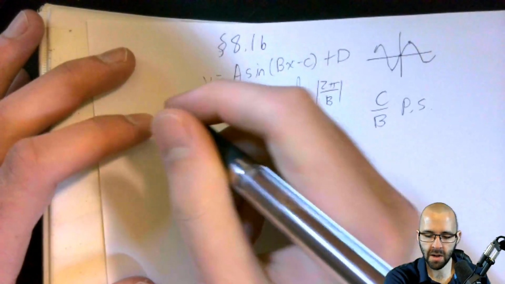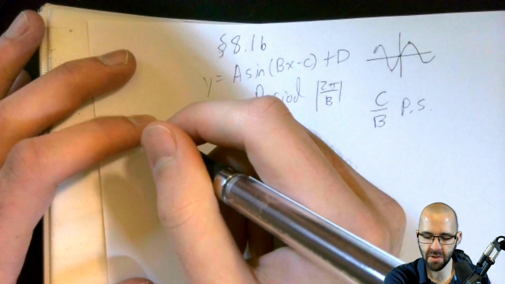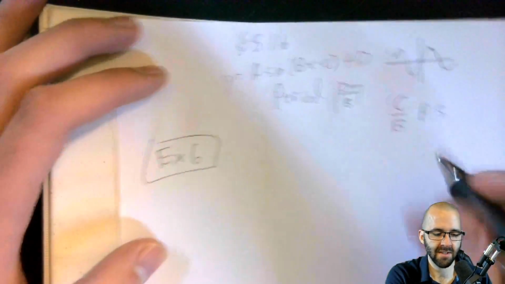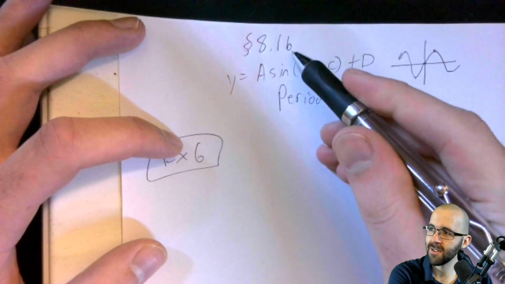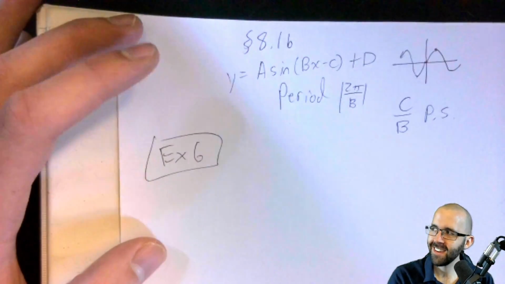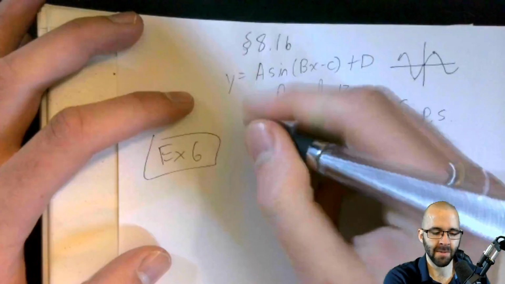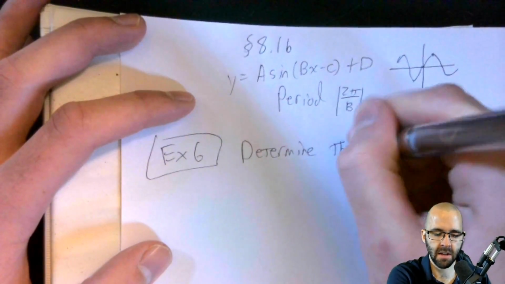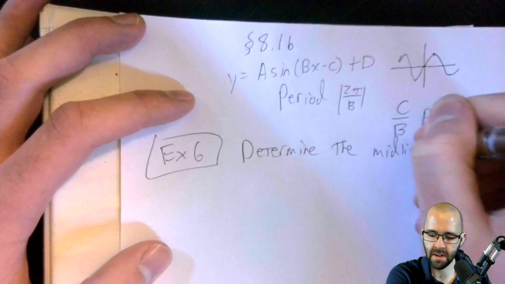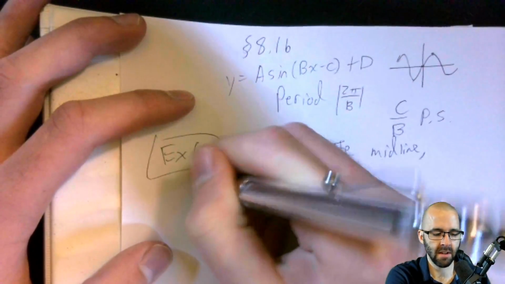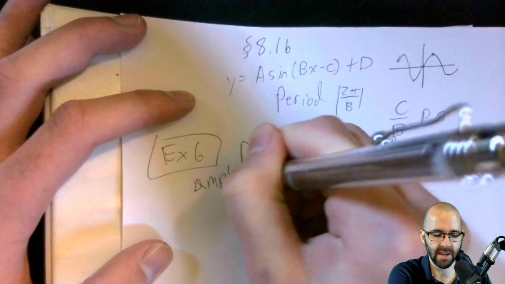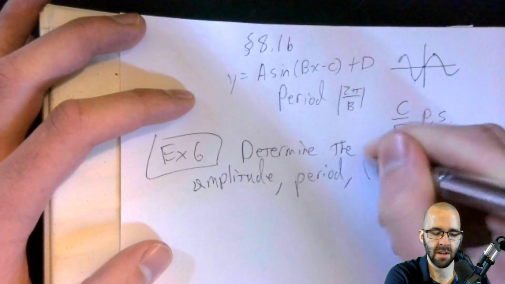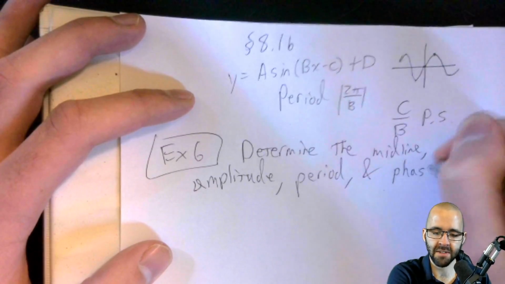So let's do a brief bit of review, kind of bring it all together. I think this is example 6. In example 6, we said determine the midline, the amplitude, the period, and the phase shift. Figure everything out about this function, because we're going to be using this for graphs.